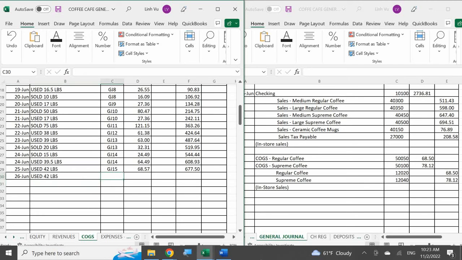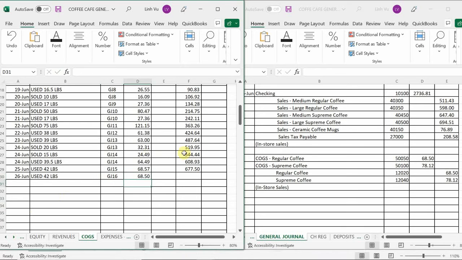We're on General Journal page 16 for $68.50. 746.